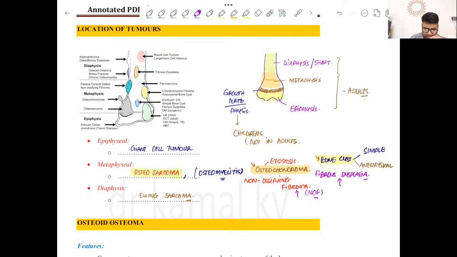So these are all metaphyseal. From diaphysis, we have already taken one, Ewing sarcoma. The other one which you can remember is osteoid osteoma. So this is one important condition which we will discuss here, right? And third is fibrous dysplasia also, it can be seen here, right?